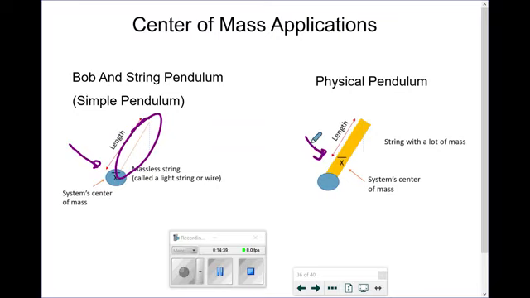Rods will swing faster than string pendulums for the very simple reason that, since the rods have a mass, their center of mass for the system is closer to the pivot point. So it's not the case that this one has more mass. It's actually the case that it has a shorter effective length than this system over here.